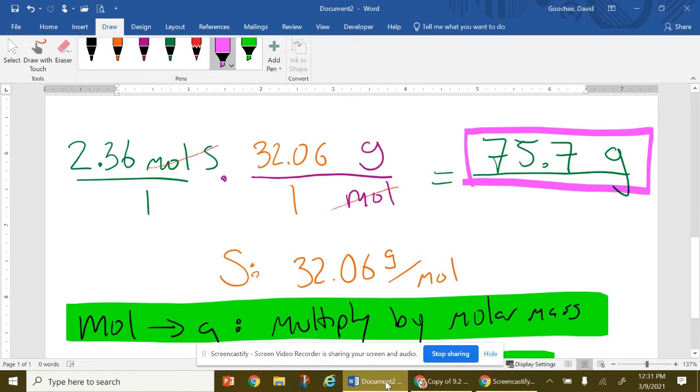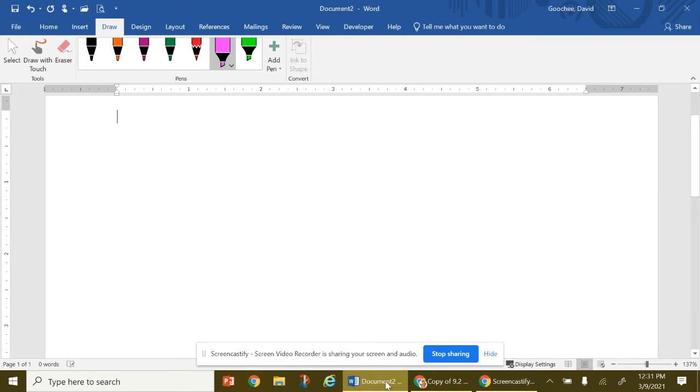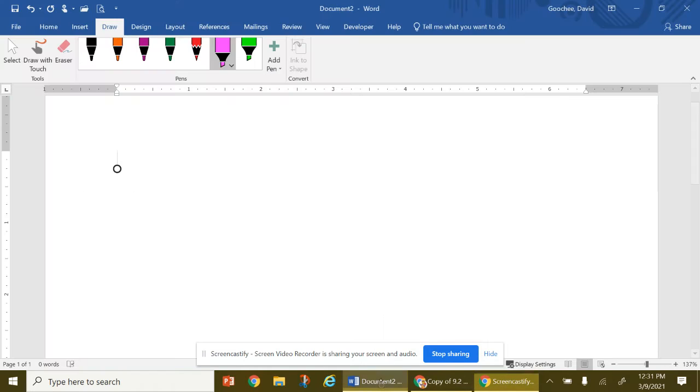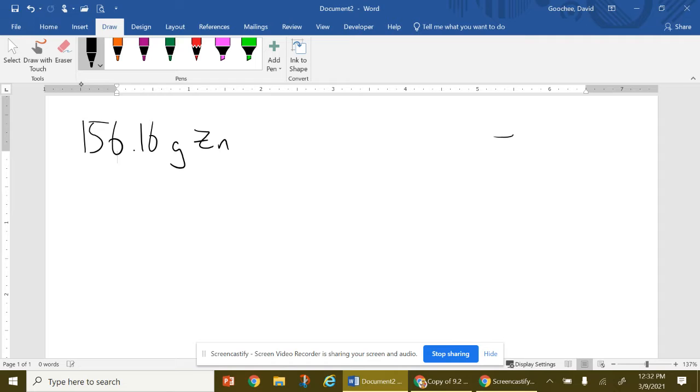Okay, so let me do this right here. 156.16 grams of zinc. And I have to convert that into moles of zinc.